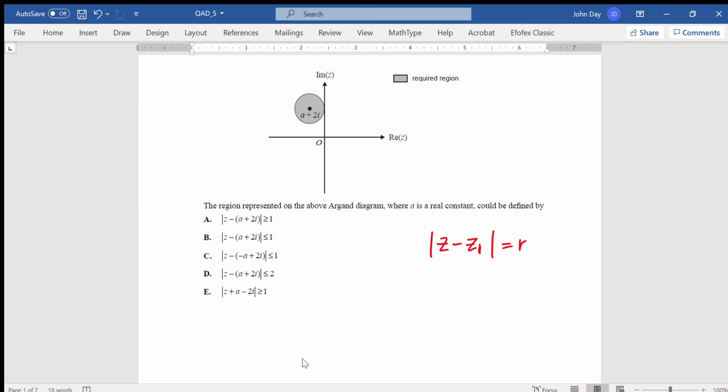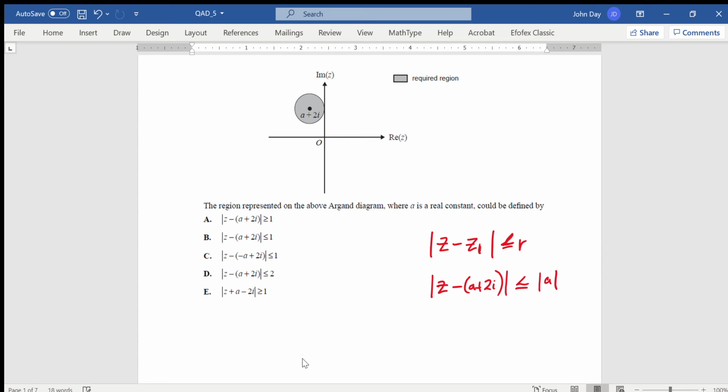Now, we've got the shaded bit inside the circle plus the actual outer edge of the circle. So we're looking at something of that nature. So this would be z minus a plus 2i, because that's what that vector is, and it's less than or equal to some number. Well, it's less than or equal to the size of a, whatever that is.